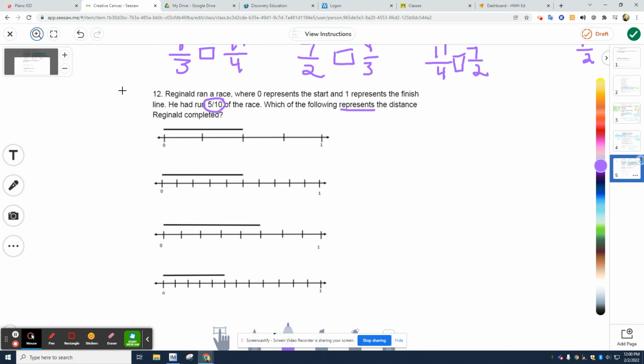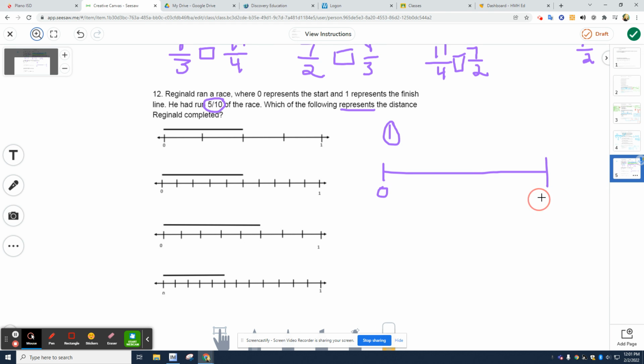So the skill here is representing the fraction in a number line. So that's our skill, to figure out the number line that matches. So the first thing I would do is model. Create my own model. So I have 0 to 1, and my fraction is in tenths.